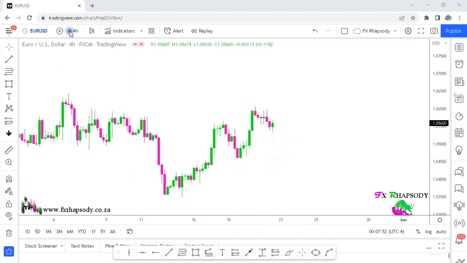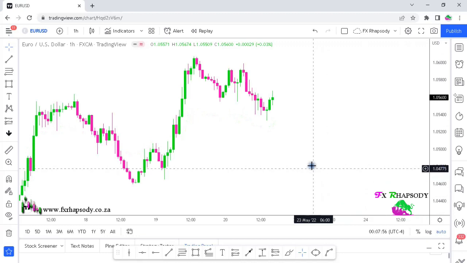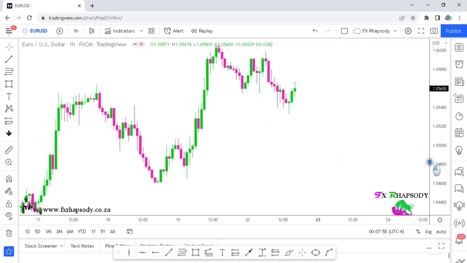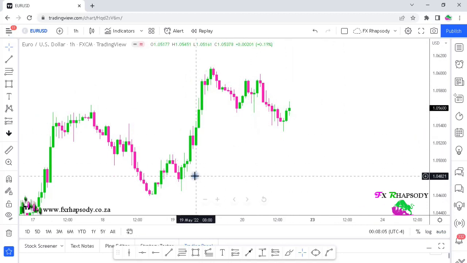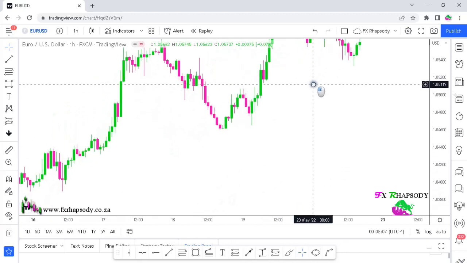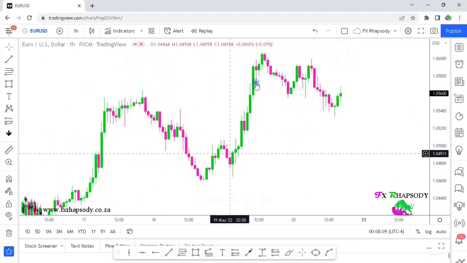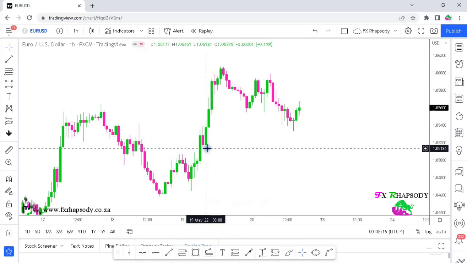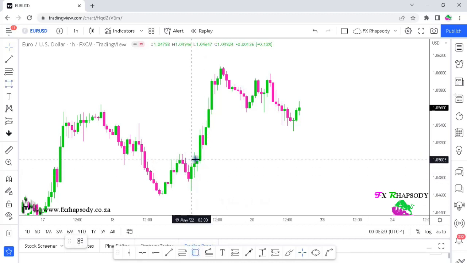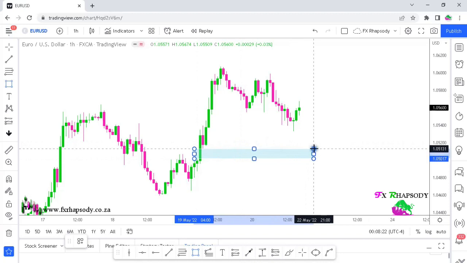Now on the hourly time frame, I'm just going to expand it so we can see clearly. Okay, on an hourly time frame, price going up and down and then moving up. Now with this break in structure, you can see there is a very small gap created here, a fair value gap.